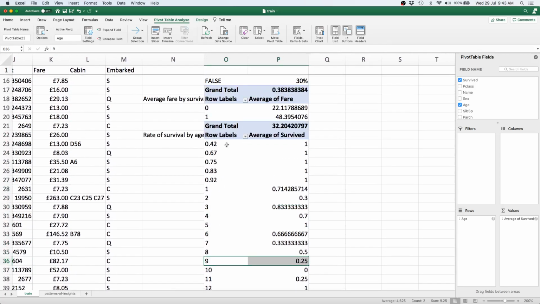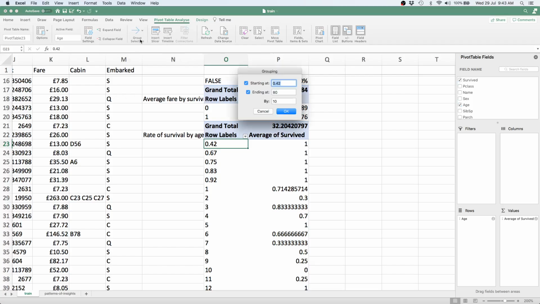So instead of dealing with ages as the raw numerical number that they are, let's group them together into bins. And one way to do that is to simply click on one particular age value in the table and click on the group selection button over here, which is available under the pivot table analyze tab of Excel.